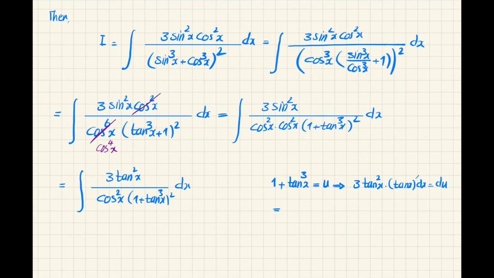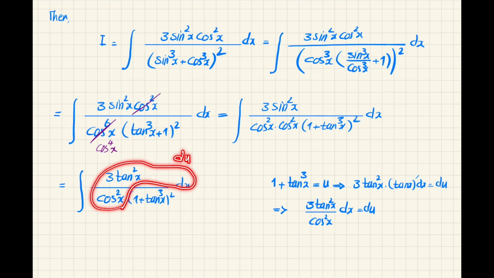But we know that the derivative of tangent is 1 over cosine squared, so it becomes 3 tangent squared x divided by cosine squared x, and then dx in front is equal to du. So this means that this part is nothing except du, and this part is u squared.